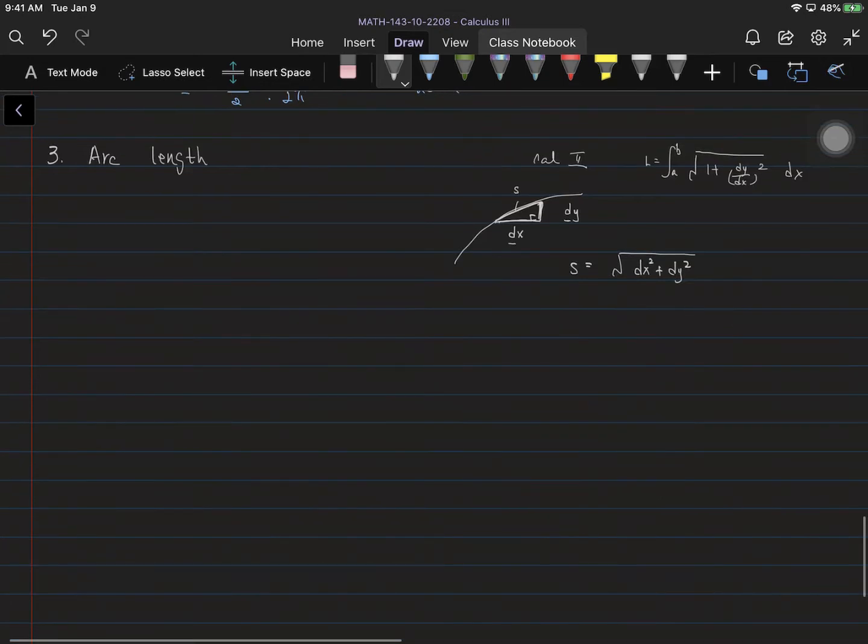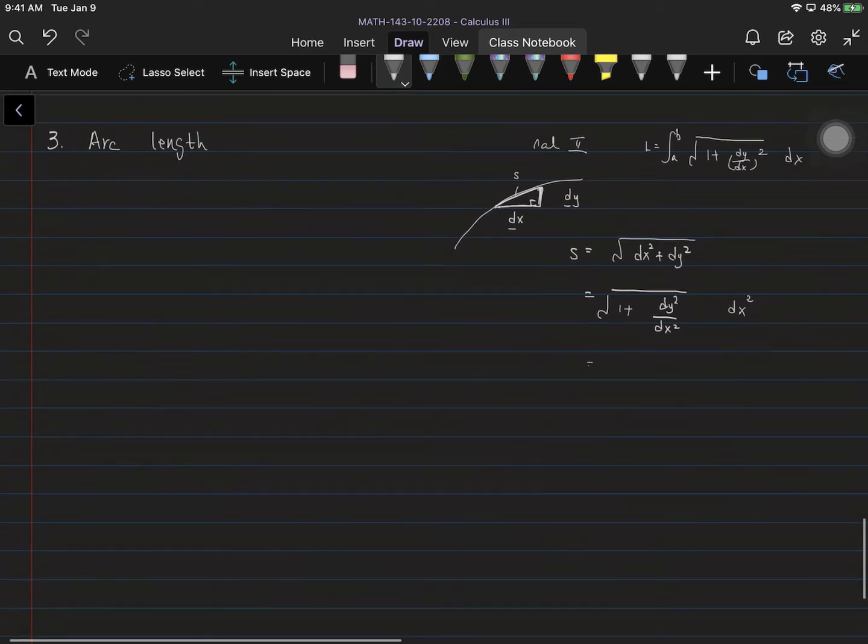And if we take dx squared out as a factor, this becomes 1 plus dy squared over dx squared. Okay, so which is the square root of 1 plus (dy over dx) whole thing squared, dx.